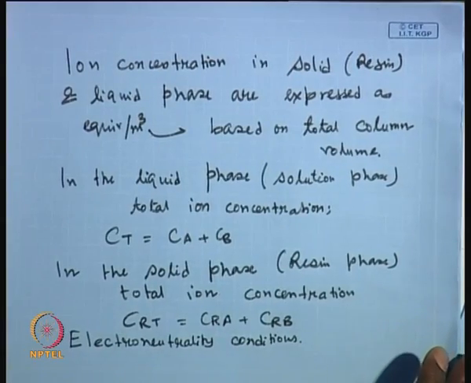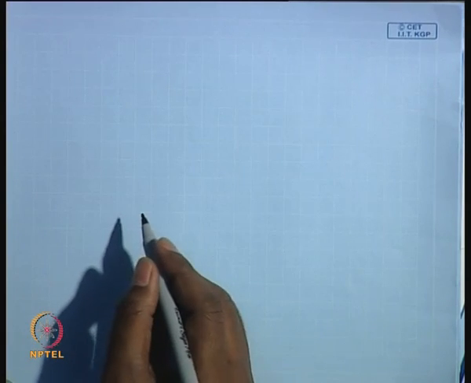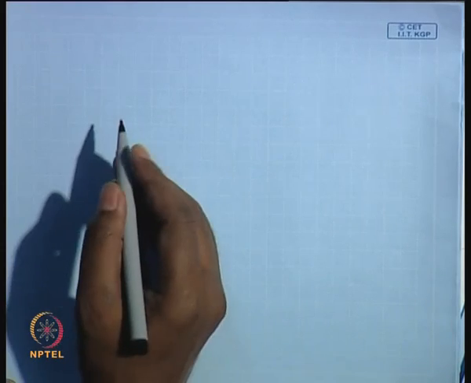So if one total is constant, and one ion is increased, the corresponding counter ions will also be increased to keep the total constant. These two electroneutral conditions hold for both the phases.